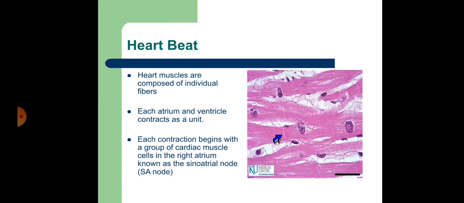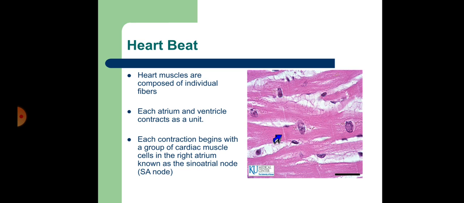Now we will talk about the heartbeat. Heart muscles, as shown in this electron micrograph picture, are composed of individual fibers. Each atrium and ventricle contracts as a unit.